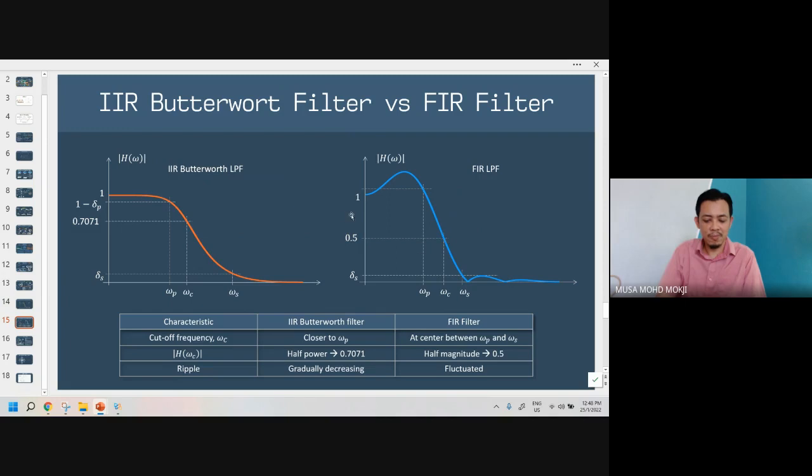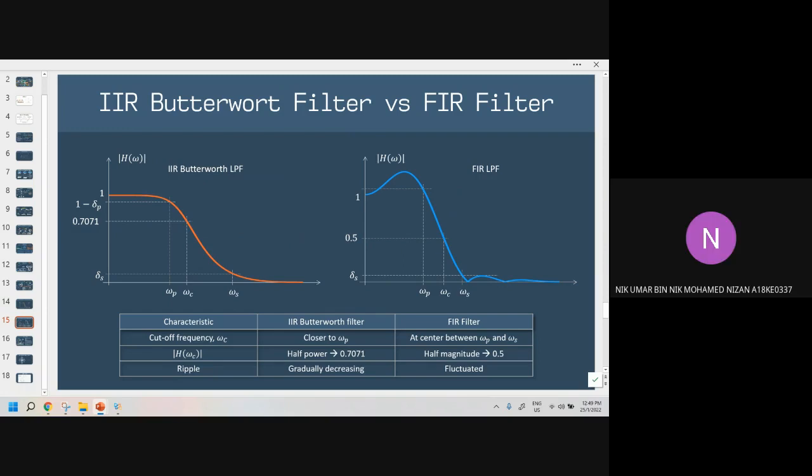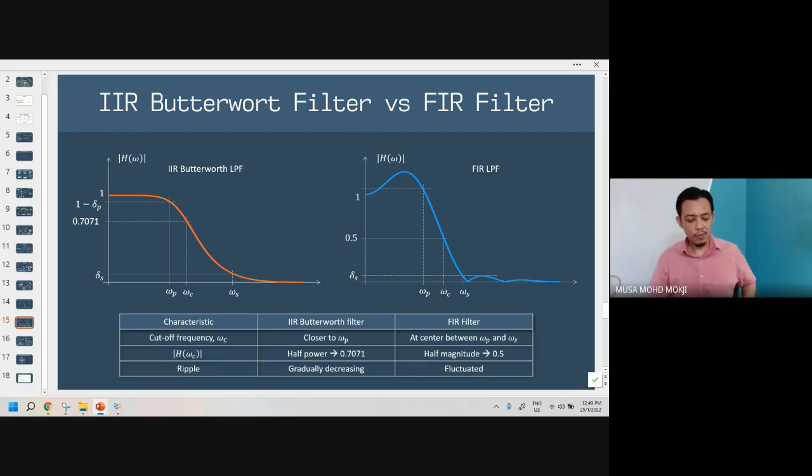So can anyone give some idea here? Because this was last week, whoever can answer this, I can give you a bonus mark, because we have learned this in previous courses. So why is it 0.7071? Logically, for FIR, we know that this is half magnitude, but why is this not half?